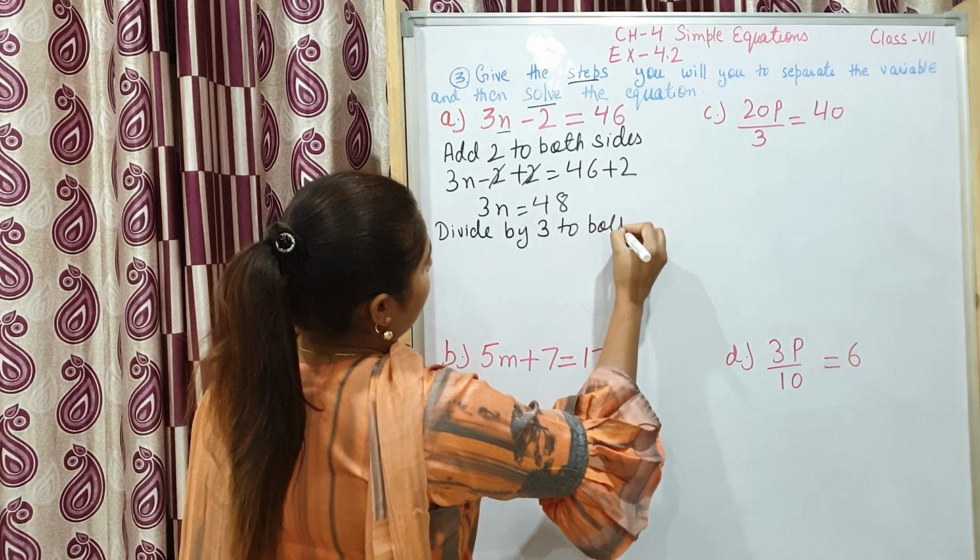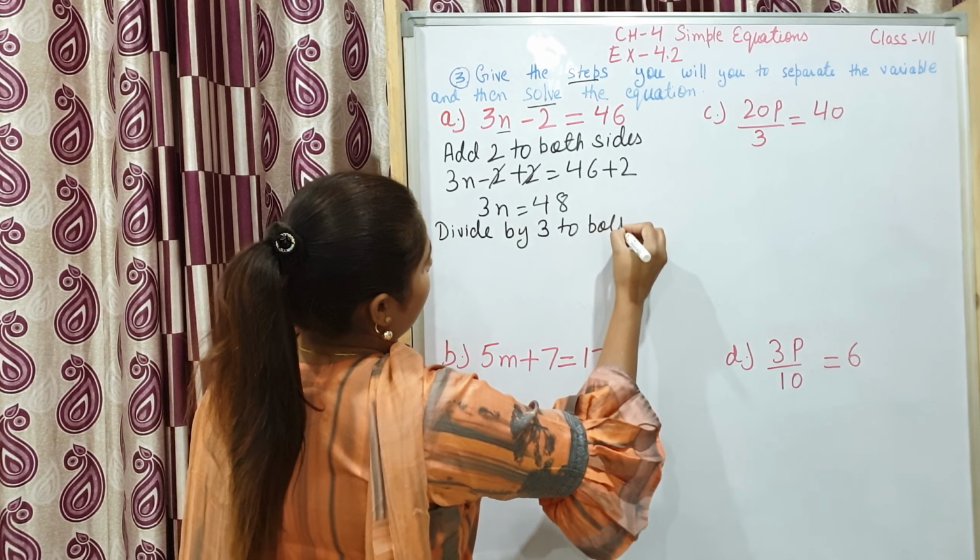Here two steps are used to solve this equation. First is addition and second is division. 3n upon 3 and 48 upon 3. So 3 cancels out. Now we will use the table of 3. 3 ones are 3. Here again 3 ones are 3. 1 and 8: 3 sixes are 18.